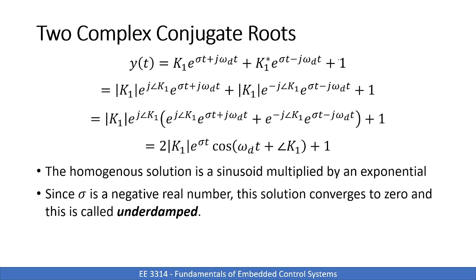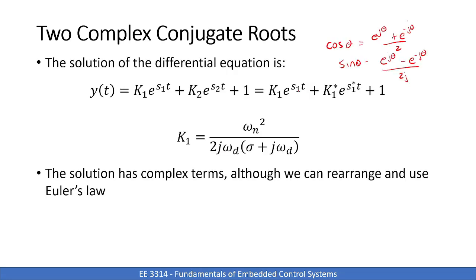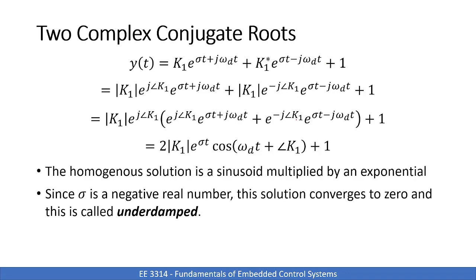Don't worry too much about this. Just understand that we're rearranging this, and we're basically getting something in the time domain with no complex terms, right? We don't really want to deal with complex exponentials, e to the j type stuff. So using Euler's law basically lets us write the response as a real time domain response.